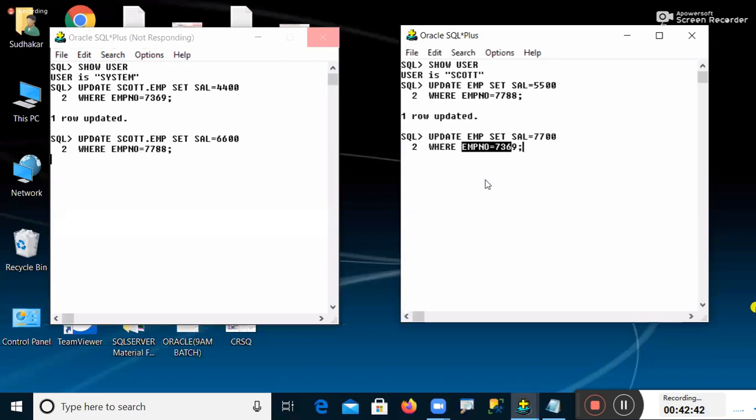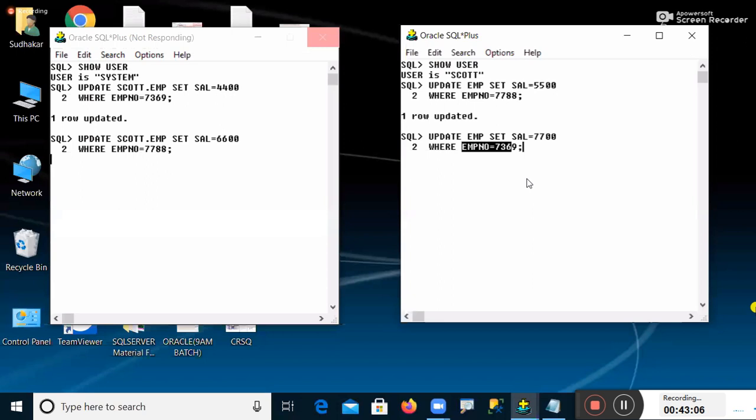So what happened? User 1 is already in a waiting position, and user 2 is also now in a waiting position. Both users are waiting. System user is waiting, Scott user is also waiting, so both users cannot proceed. Both user requests are in a waiting position.